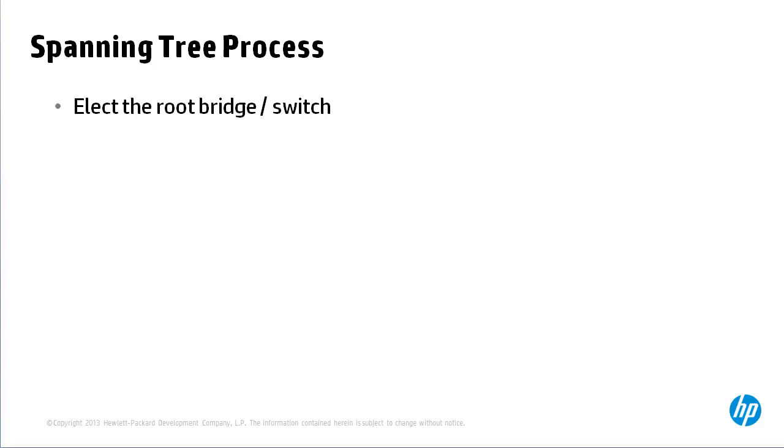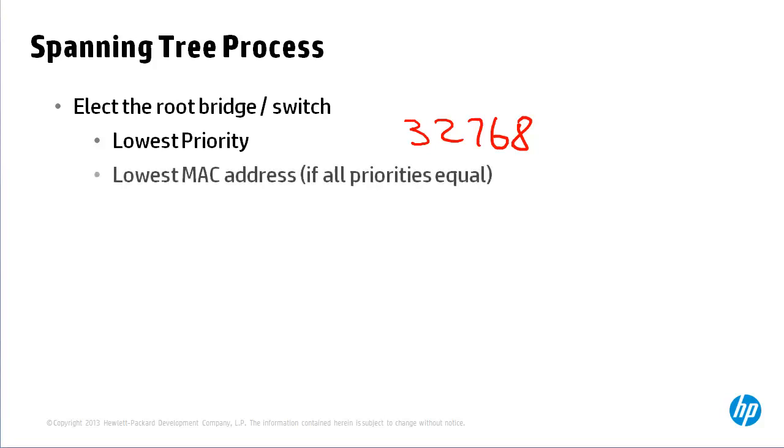The root switch or root bridge is determined based on two criteria. The first one is lowest priority. The default priority is 32768. This can be changed on individual devices to ensure that certain devices become the root rather than other devices. So the first decision is lowest priority. The second decision, if the priorities are the same, is lowest MAC address.